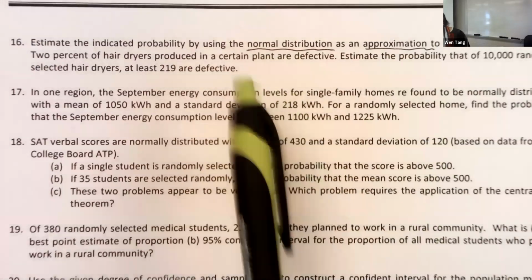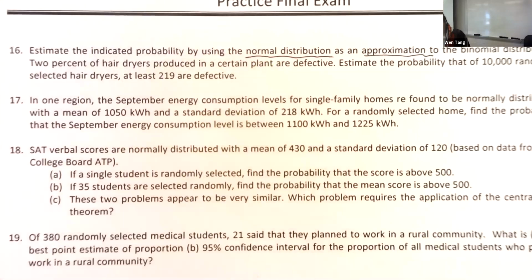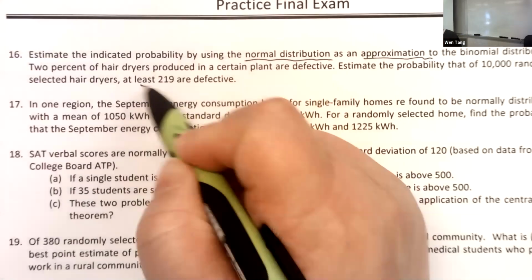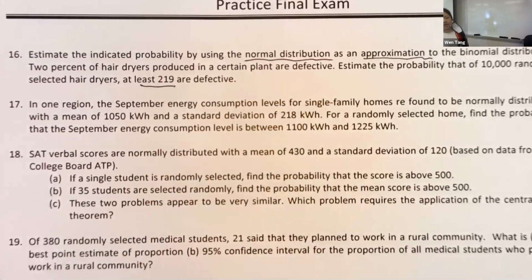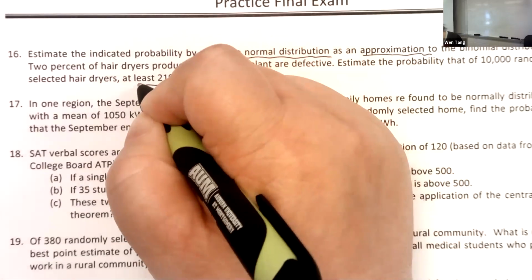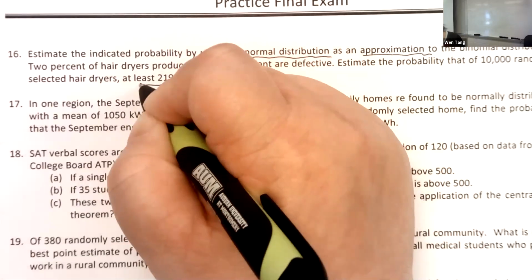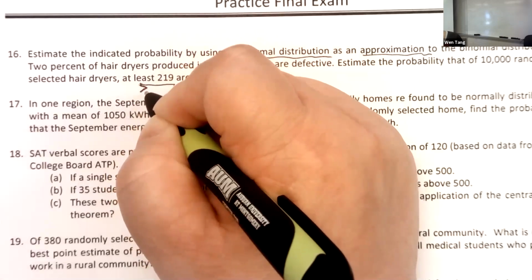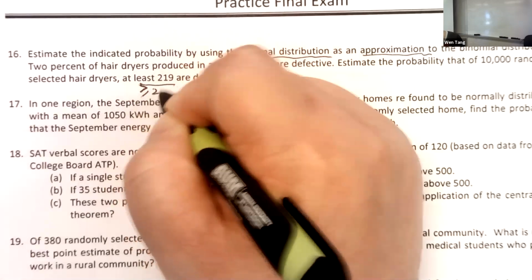When we talk about this kind of case, make sure you know we should do the continuity correction, right? So this time, we could not directly use this: at least 219. At least, if we translate it into an expression, will be greater than or equal to.